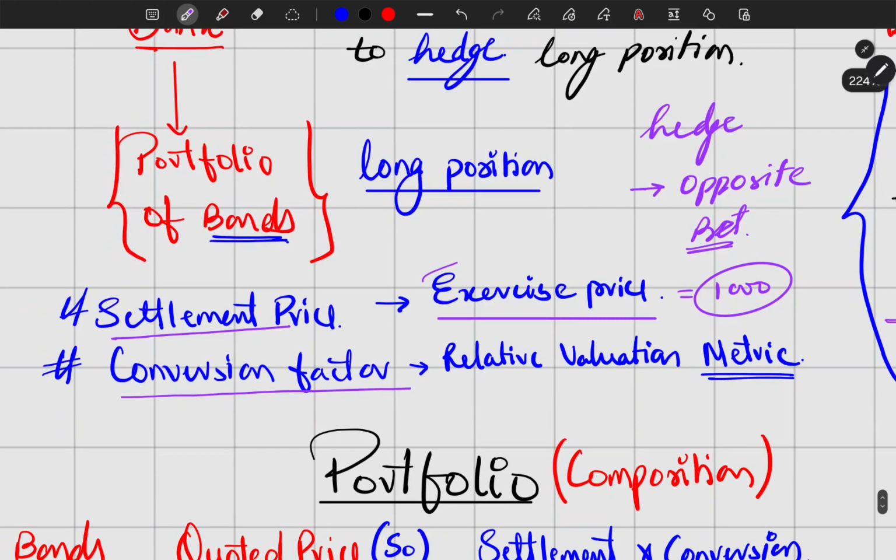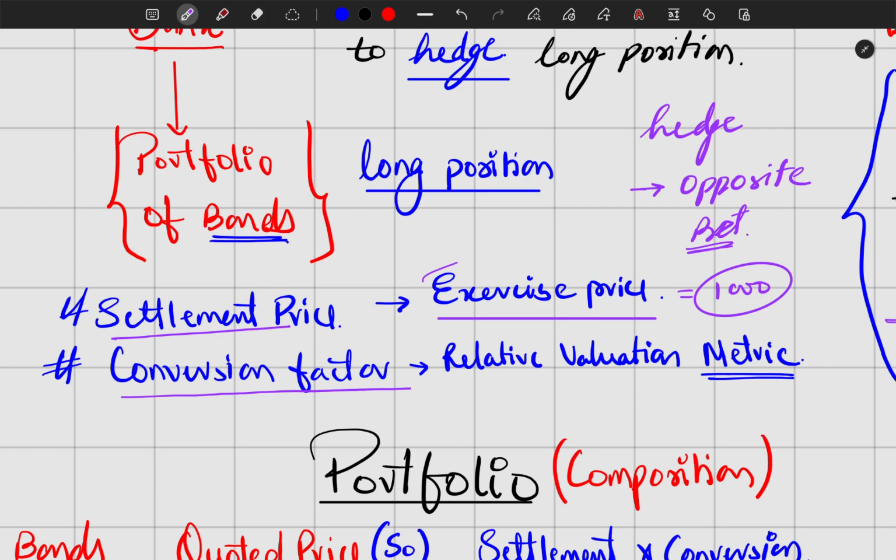So just to give some background, what is a conversion factor? The conversion factor is just another number. It is a metric which helps the banks or regulators or even investors to compare bonds of different maturities, of different coupon rates, of different yield conventions, day conventions, accrued interest, etc. It is similar to relative valuation.